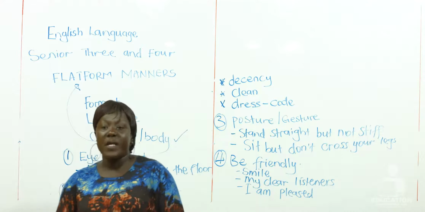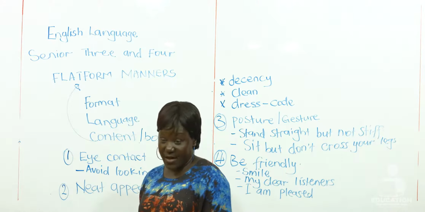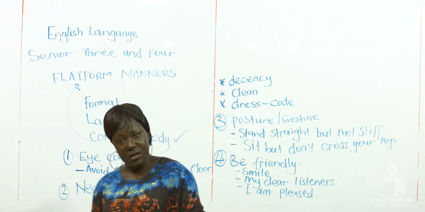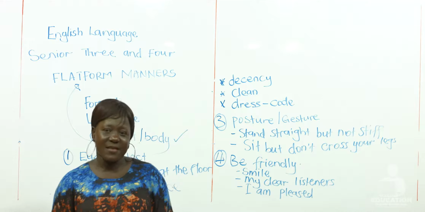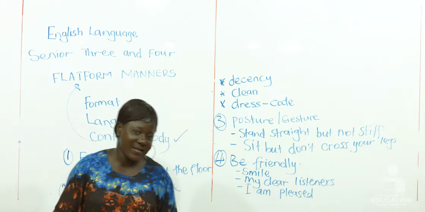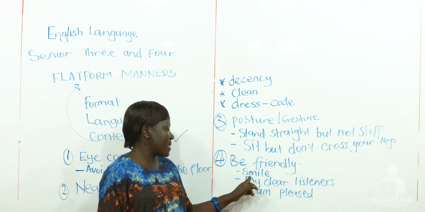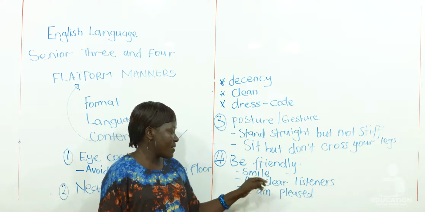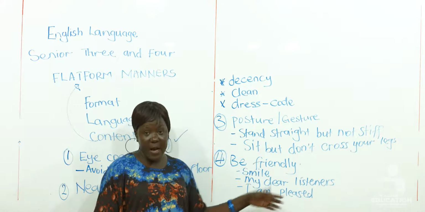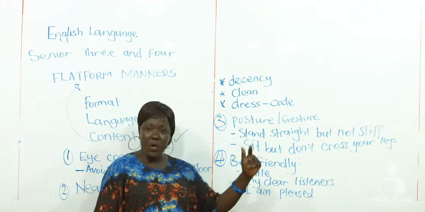But if you come without a smile and begin to use words like, "I want you to, you must do this," then they will say, we are finished. I think this one has come to clear us all. So you have to demonstrate friendliness through a smile, through polite expressions like, "My dear listeners, I am pleased, I welcome you, I thank you so much."